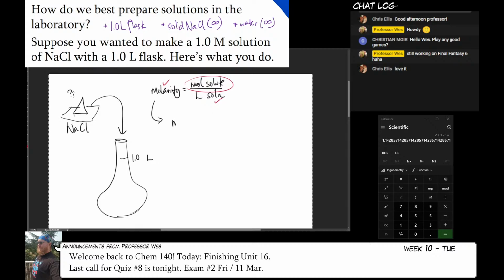I would just say molarity times the volume equals the moles of solute. Right? We could do that. Now, this is going to be very straightforward because I want 1 mole per liter, and I have 1 liter. So the liters are going to cancel out, and I just get that. Don't even need to use the calculator I set up for that, right?